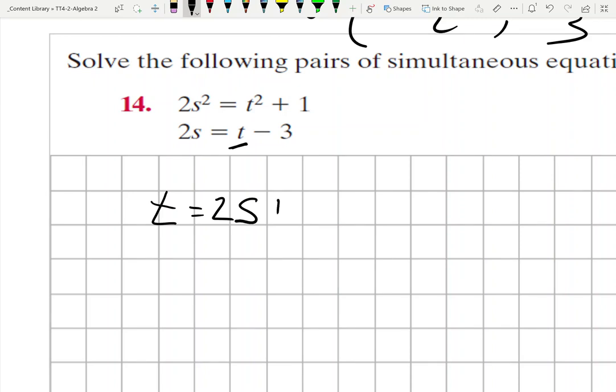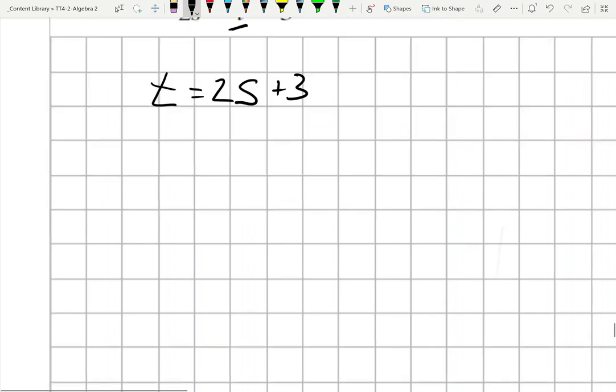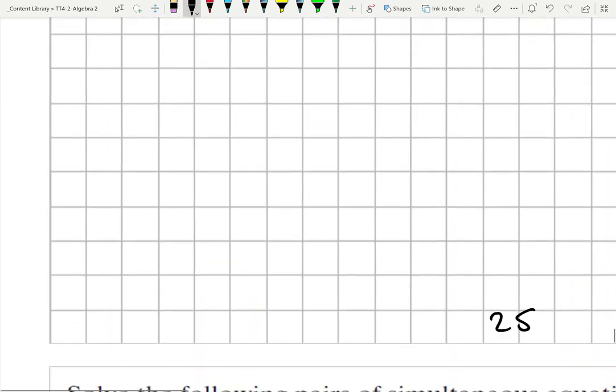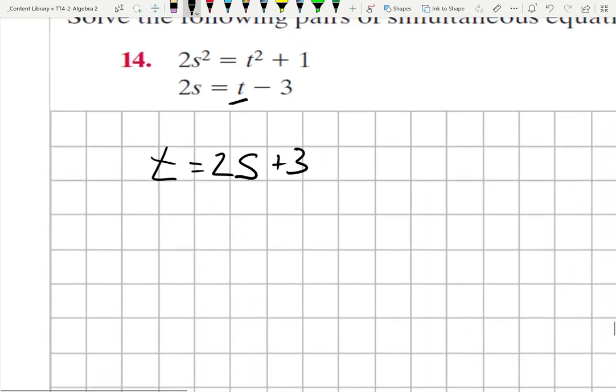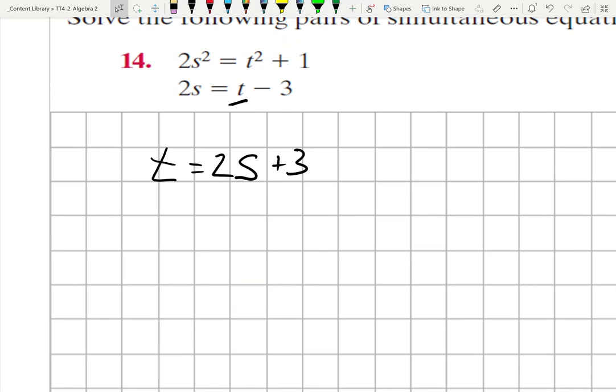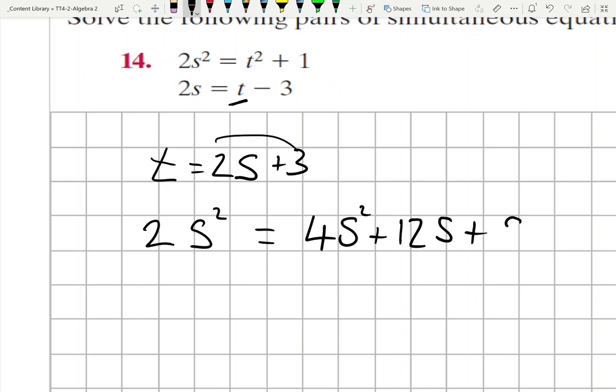And substitute away. 2s squared equals 4s, 2 3s is 6, double it, is 12s plus 3 3s is 9, plus 1. Bring him here, and with a little shimmy left, so we go 2s squared plus 12s plus 10 equals 0.